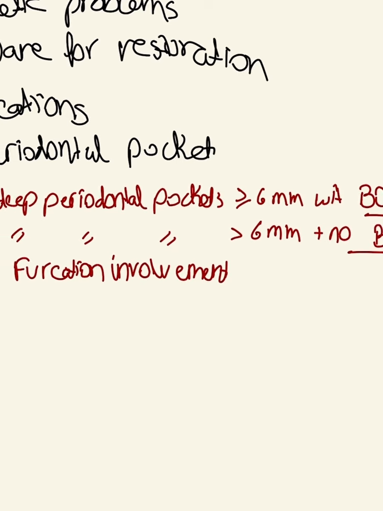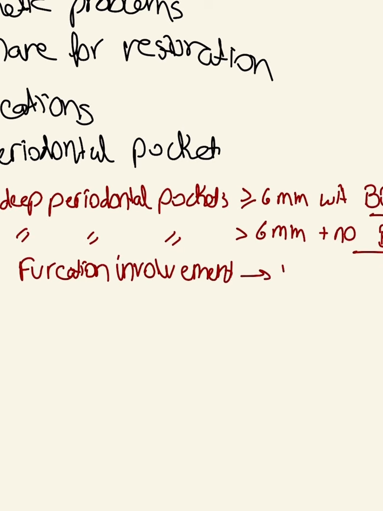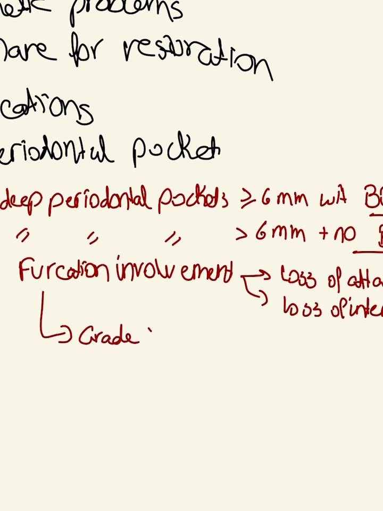Furcation involvement means you have loss of attachment, loss of interradicular bone. This can be especially seen in grade 3 and 4.